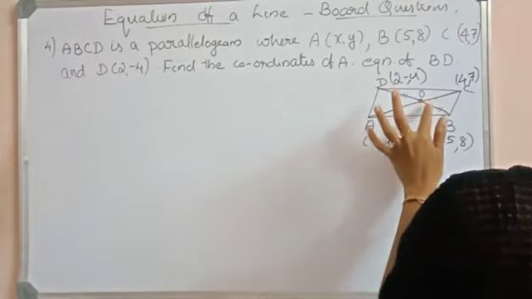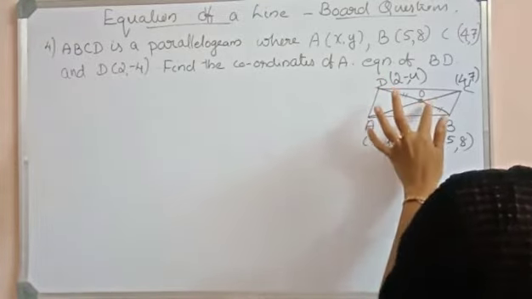Considering B and D, we have to find the coordinates of O. Coordinates of O we can find: x1 plus x2 by 2, 5 plus 2 by 2, as well as 8 plus minus 4 by 2.